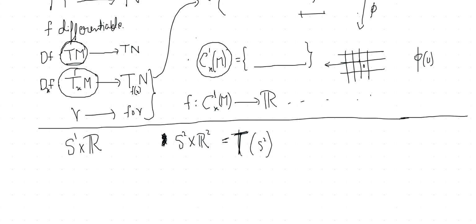Only for certain spheres is it trivial, a product with the corresponding Euclidean space, and for the others it is not. It has to do with the fact that S2 does not have a Lie group structure. But if you want, we can try to prove this using the hairy ball theorem.